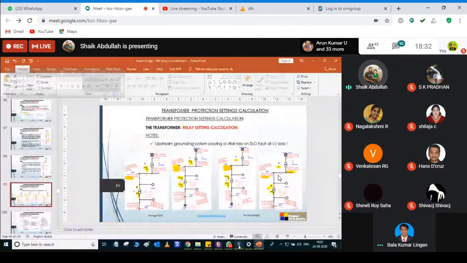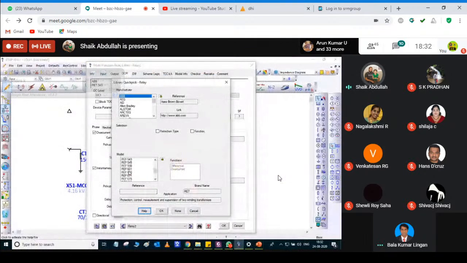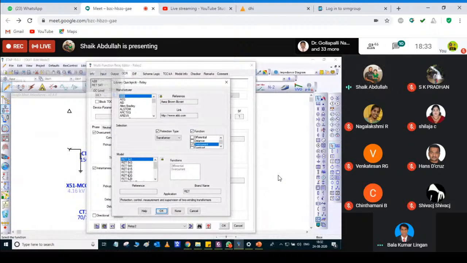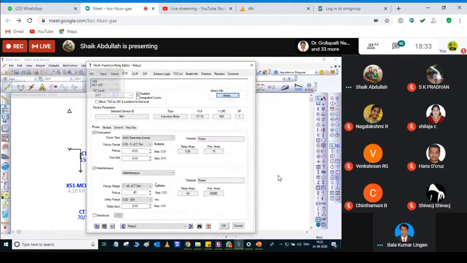And once you have done all this, for example, I will choose some other relay. There is RET 615 function as overcurrent, RET 615 as 620.